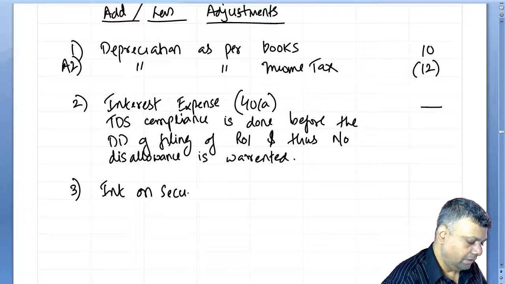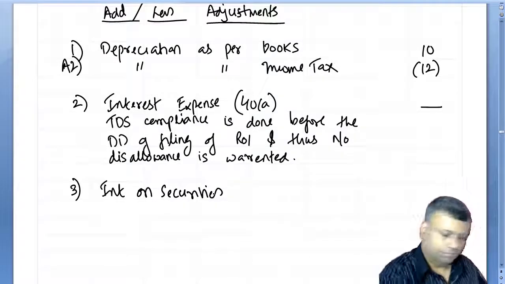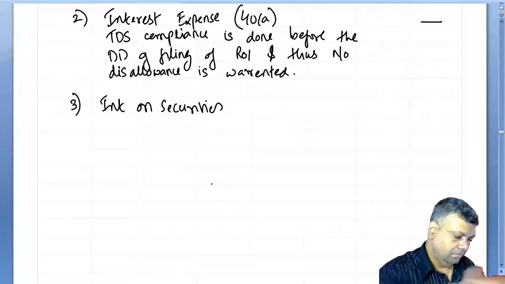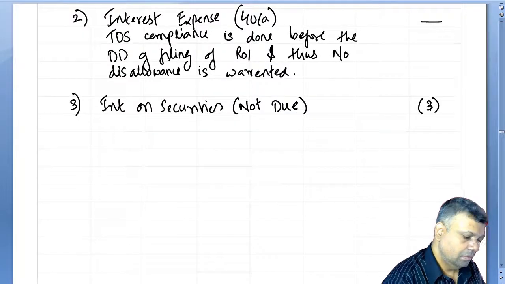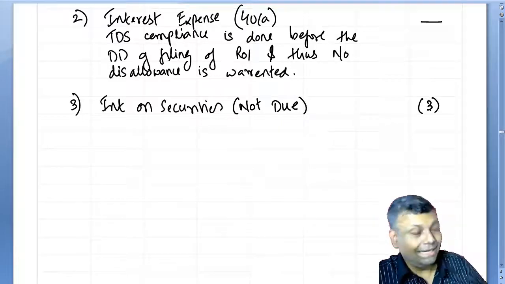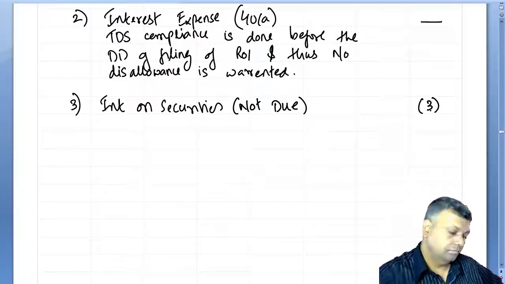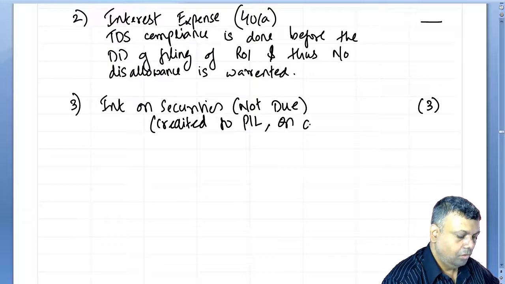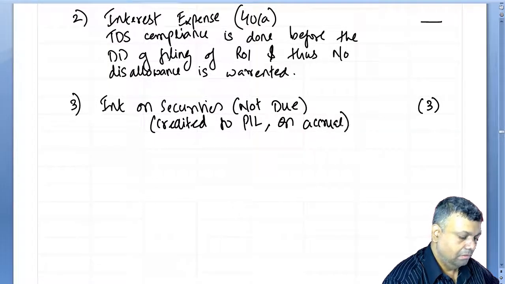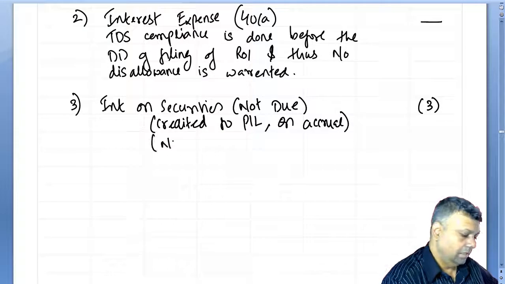Interest on securities not due. So this money will not be taxable. It is already credited to P&L on accrual basis, but it is not taxable.